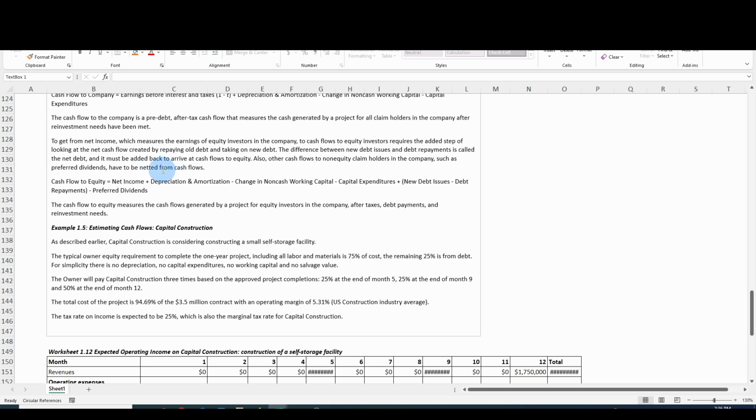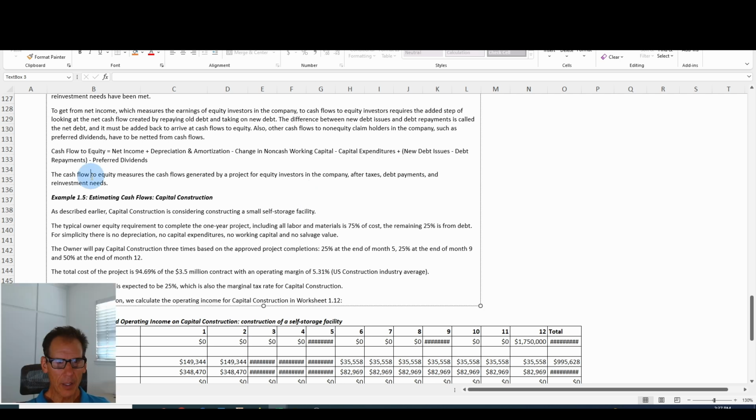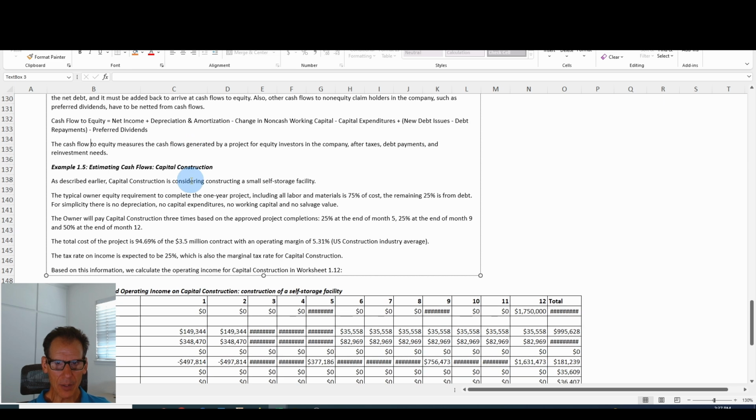Also, other cash flows to non-equity claim holders in the company, such as preferred dividends, have to be netted from cash flows. Cash flow to equity equals net income plus depreciation and amortization minus change in non-cash working capital minus CapEx plus new debt minus debt repayments minus preferred dividends. The cash flow to equity measures the cash generated by a project for equity investors in the company after tax, debt payments, and reinvestment needs.